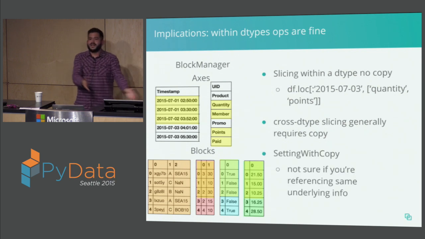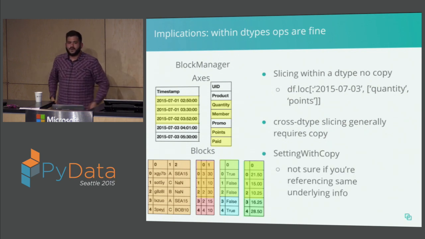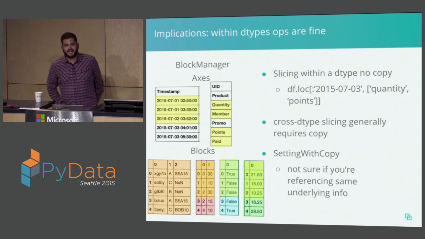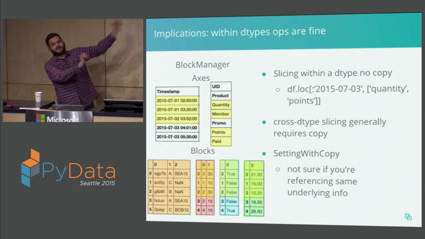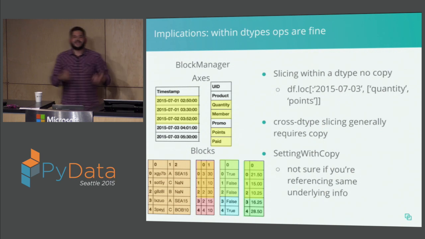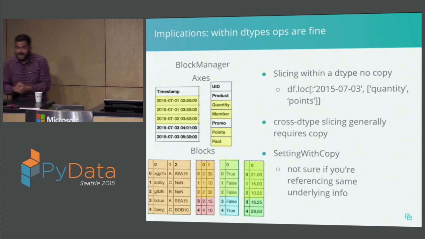Also, if you have been using an older version of pandas and then recently upgraded to 0.15 or 0.16, you have probably hit SettingWithCopy as a really crummy thing that crops up and is confusing. This is one way to understand what that SettingWithCopy error means. Underneath the hood, sometimes when you slice, you can be manipulating the same block.